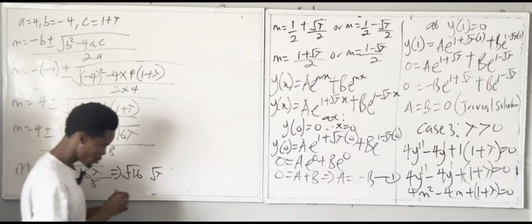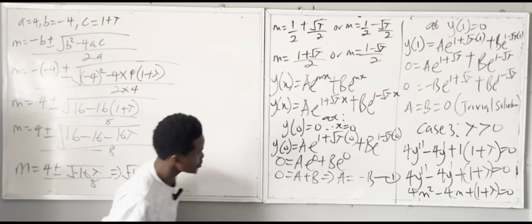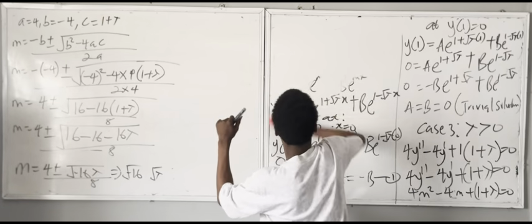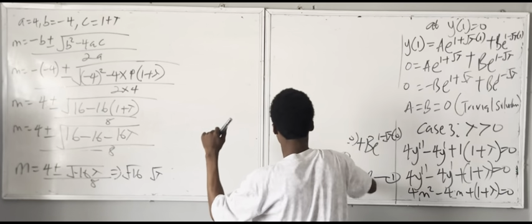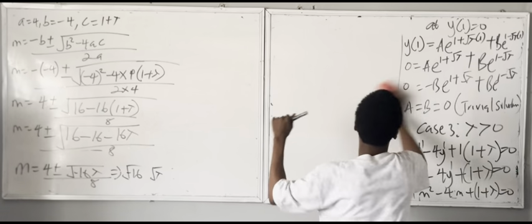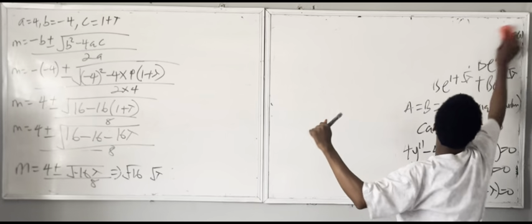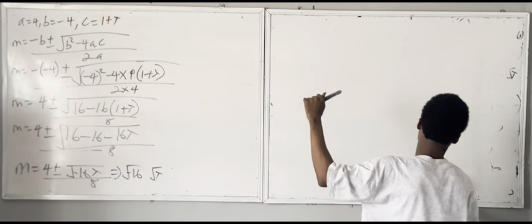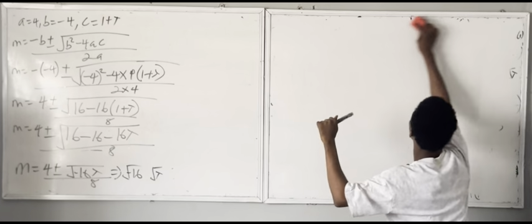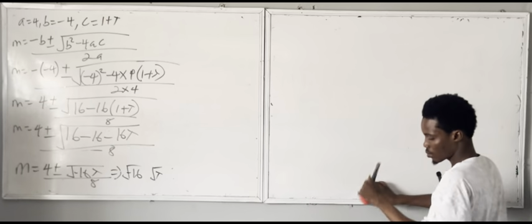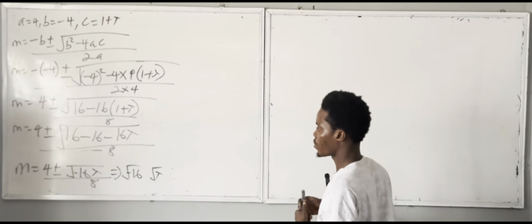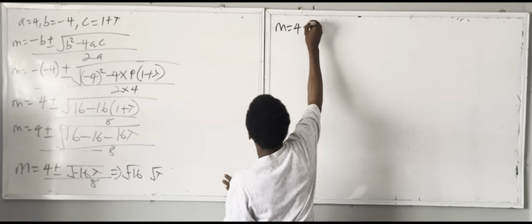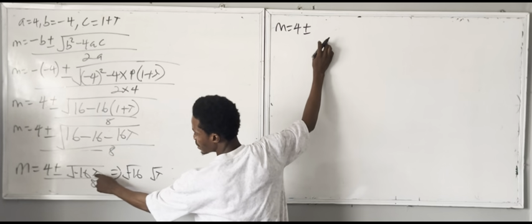So m is equal to 4 plus or minus square root of minus 16 lambda.